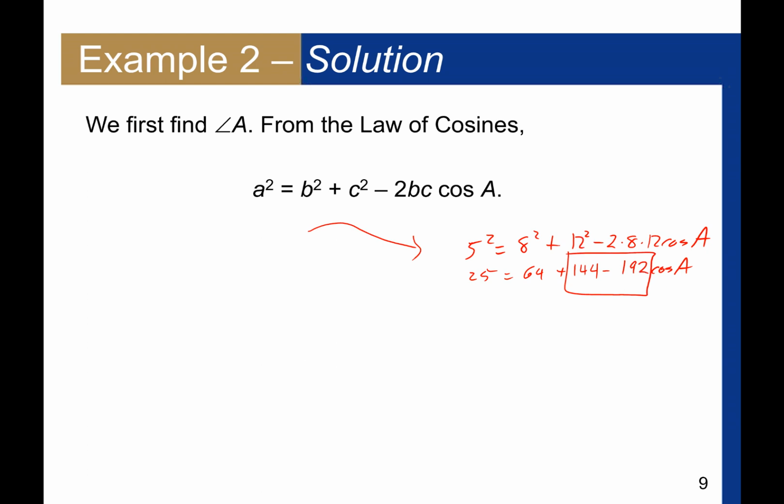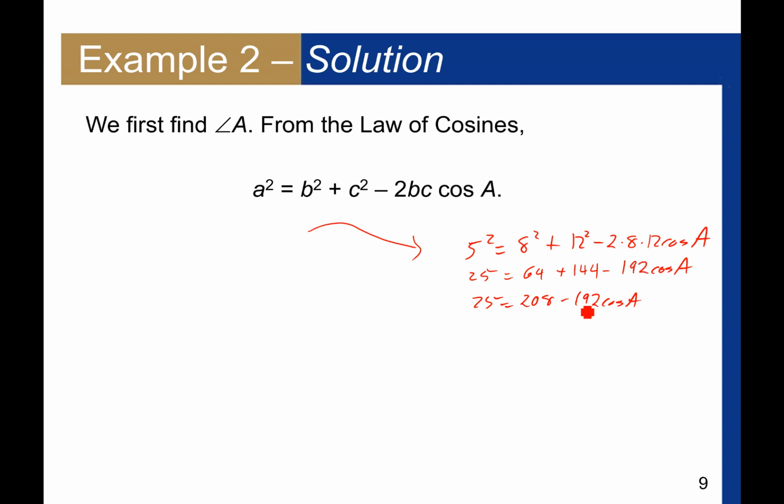This is the biggest danger to getting these correct. Because it would be really, really simple. Okay, so we got the 25 over here, 64 plus 144, combining like terms, is 208 minus 192 cosine of A. It would be so simple to subtract those two and be completely wrong.